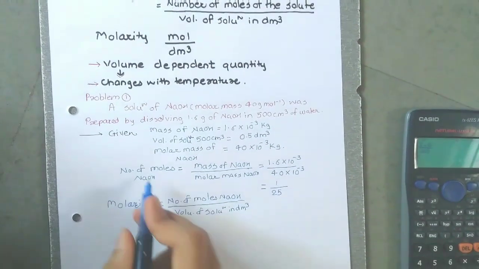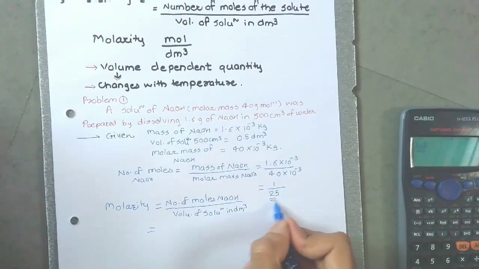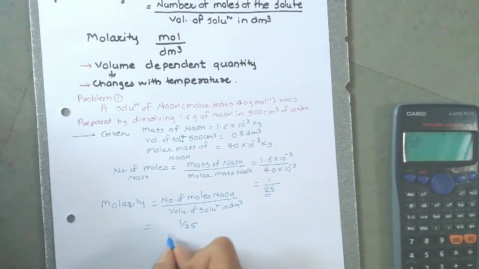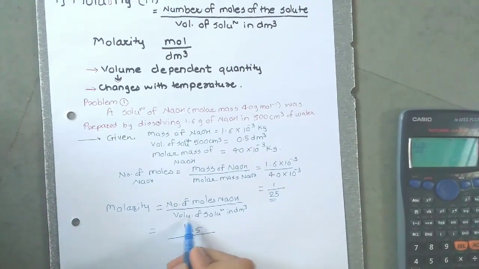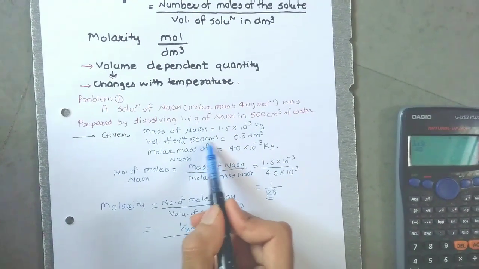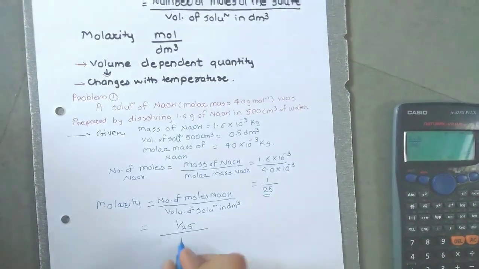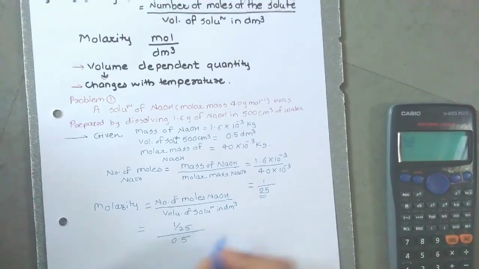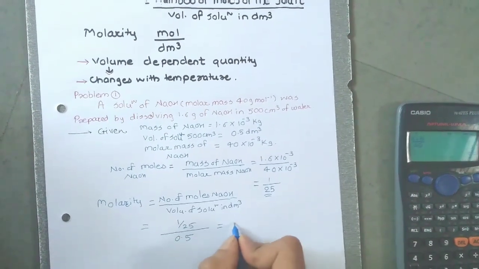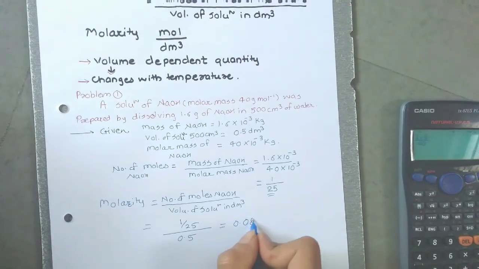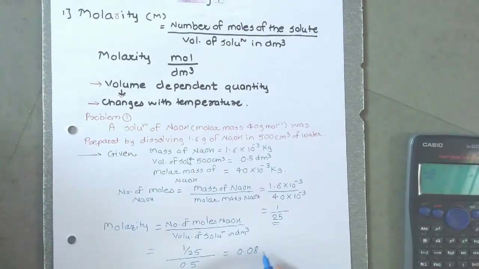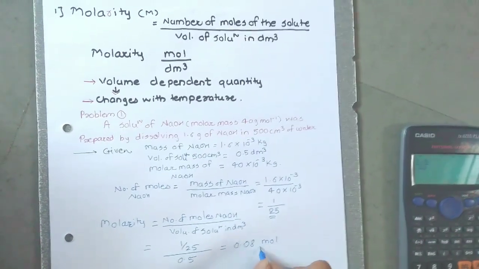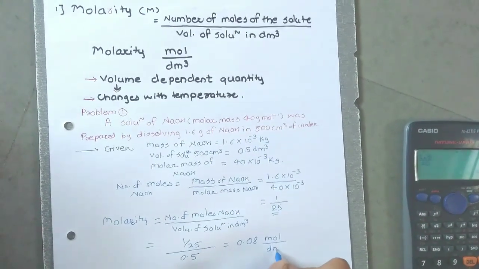So here the number of moles of NaOH is 1 upon 25. Volume of solution is 0.5 dm cube. So here the answer is 0.08. What is the unit? Mole per dm cube.